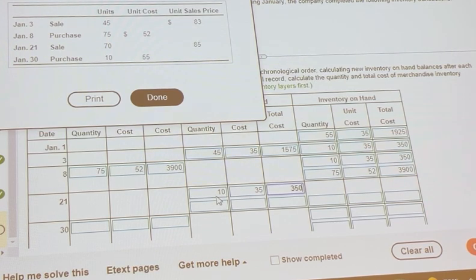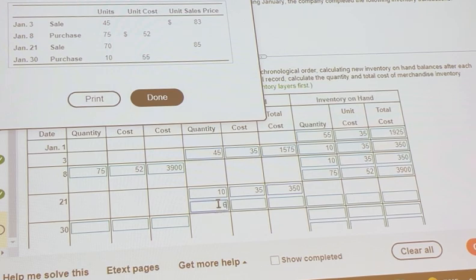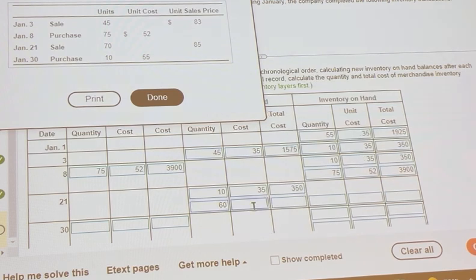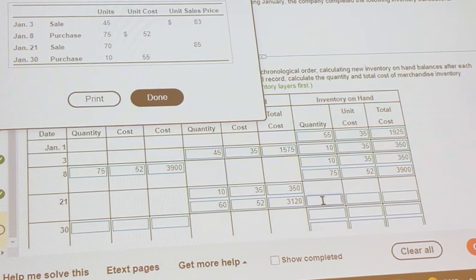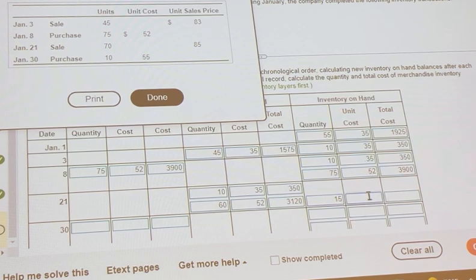And then the other 60 are going to have to be some of the ones that we paid $52 each for. So that will be a total of $3,120. And then what we're left with in ending inventory will be 15 units, which will be ones that we paid $52 each for, total dollars of $780.